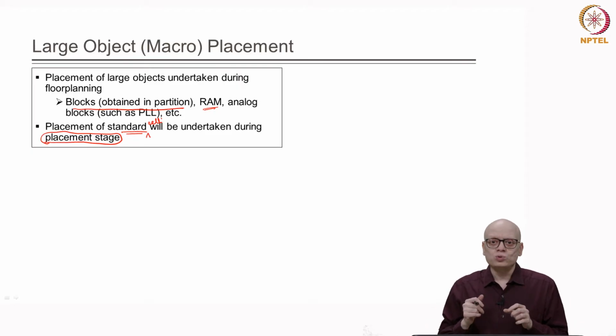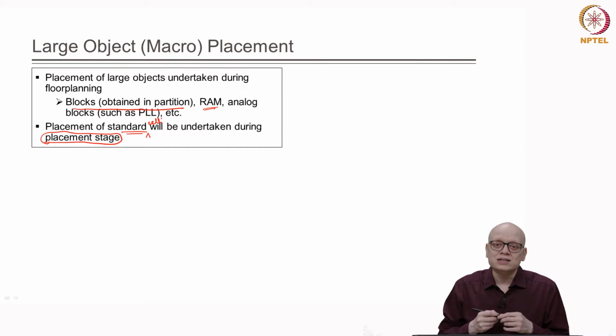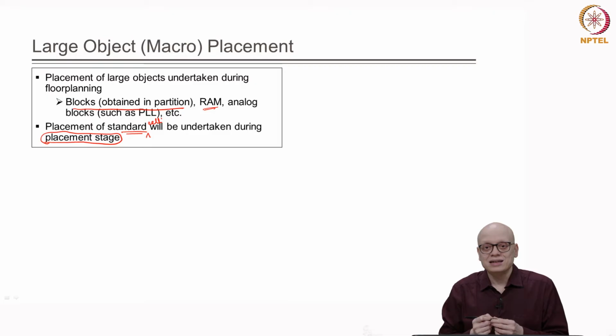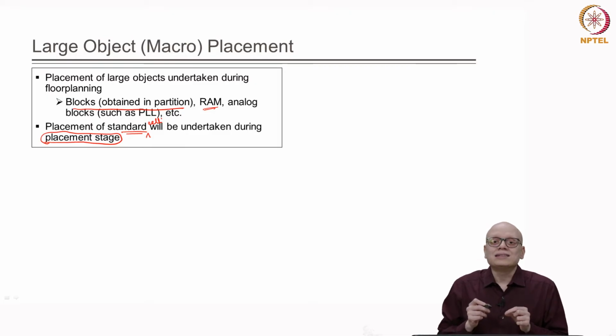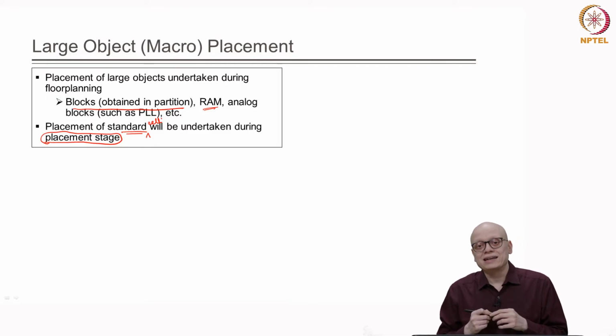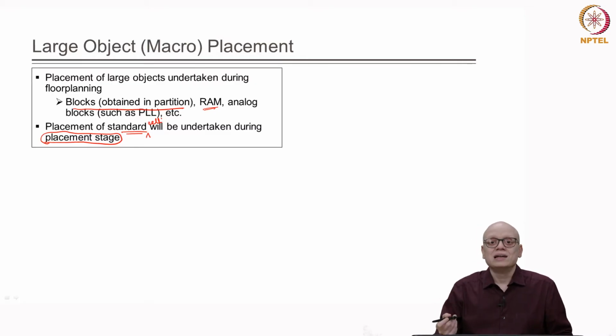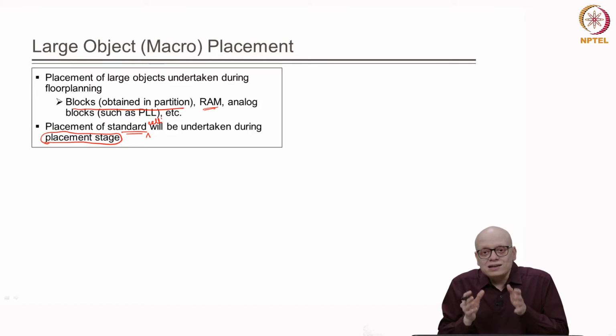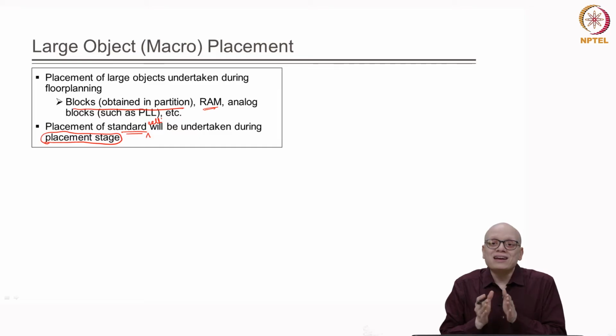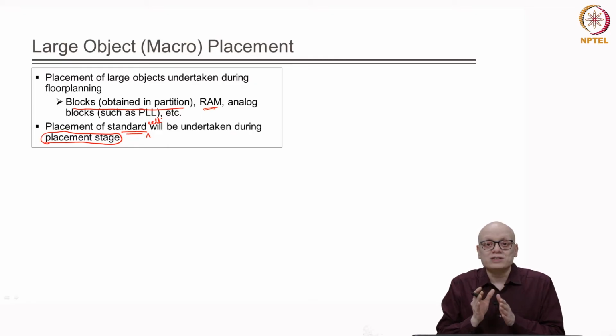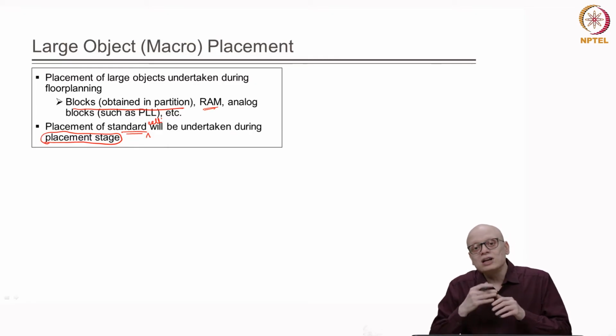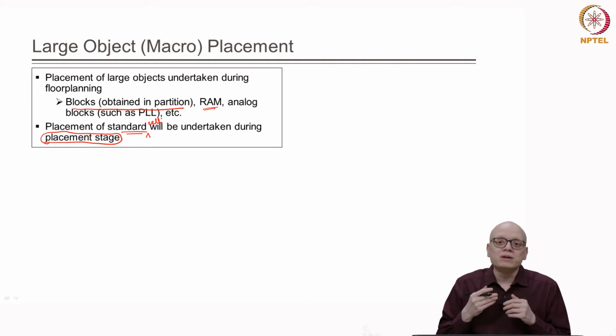Why do we want to differentiate larger objects from smaller objects like standard cells? The difference lies in the scale. In our design there can be millions of standard cells, but macros or bigger objects can be tens or at most hundreds of them. When the number of objects is smaller, we can manually see whether the placement of a larger object has gone wrong, and therefore a lot of manual intervention can be made.